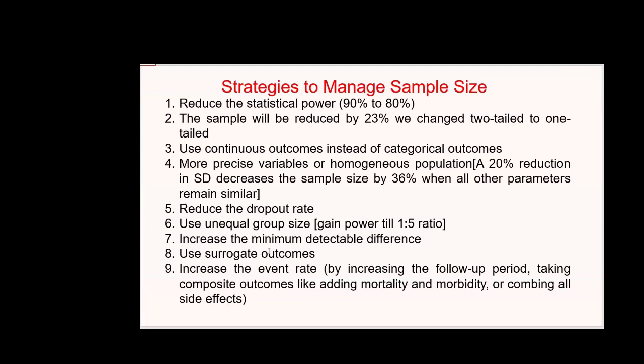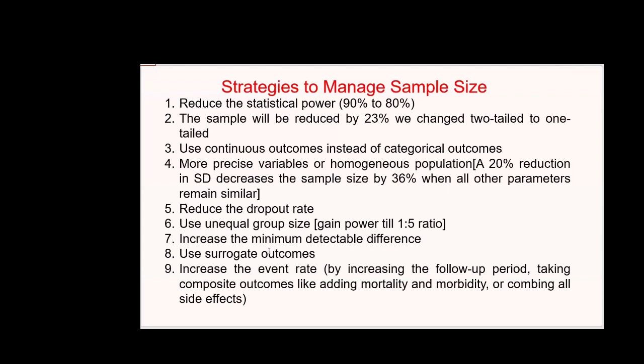For example, if you are taking post-operative pain, the NRS scale is there. Instead of taking NRS, you can go for the analgesic requirement. That is called a surrogate outcome because it is correlated with the NRS pain. You can use that outcome for the reduction of the sample size.